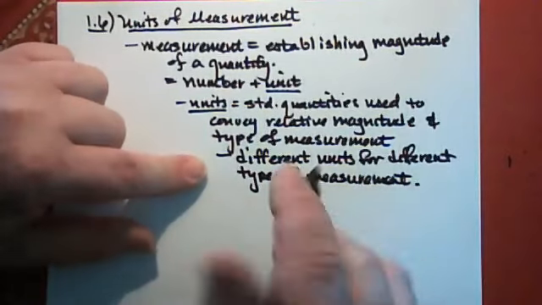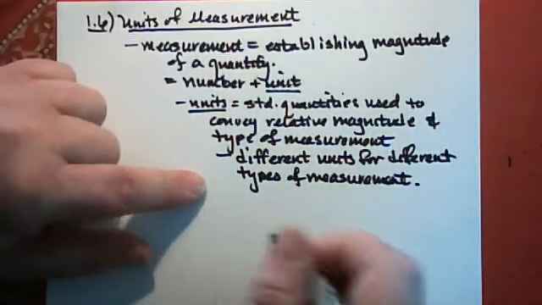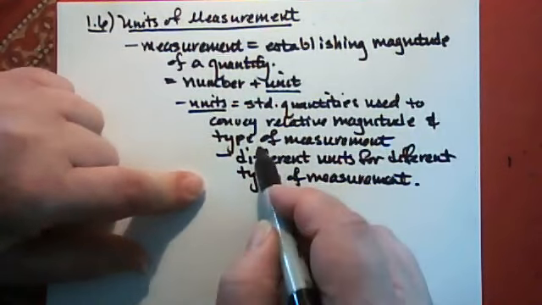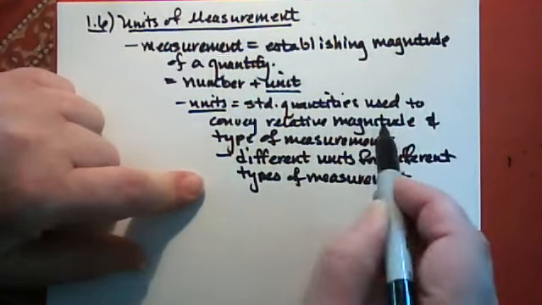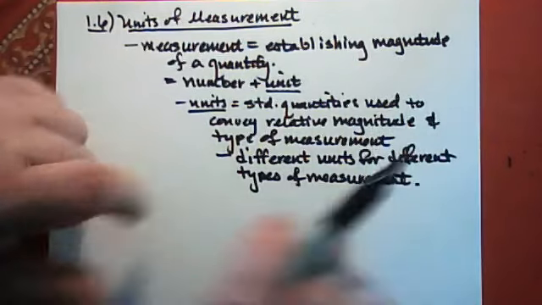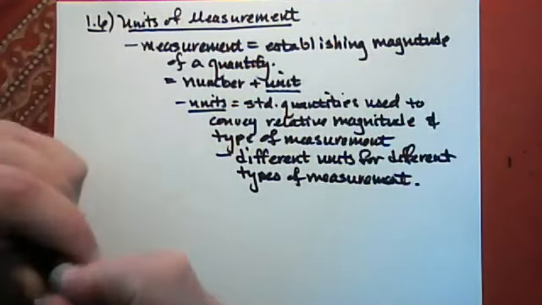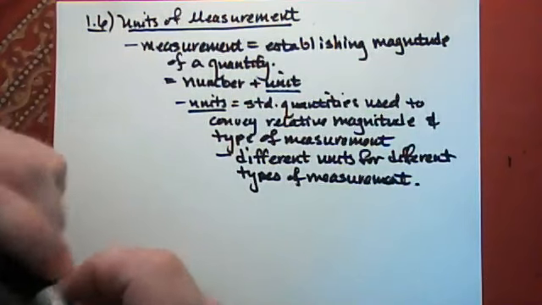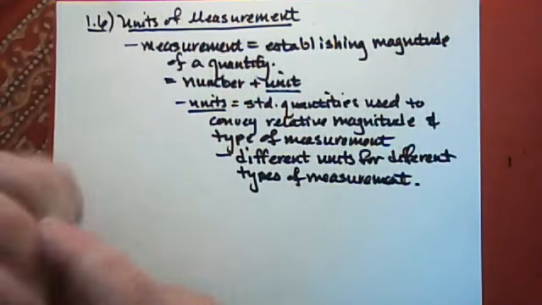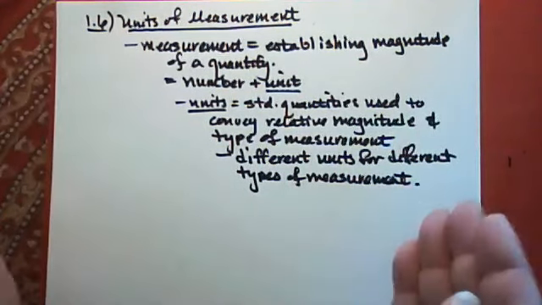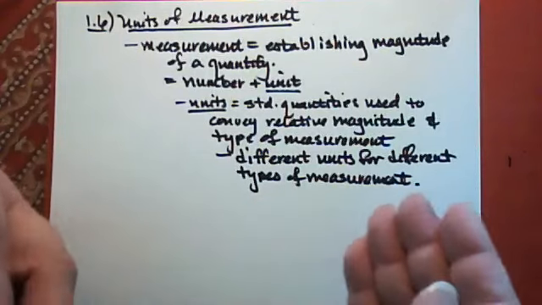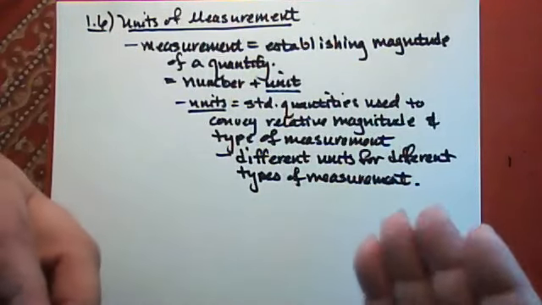Also, units tend to convey the relative magnitude of the measurement, because we tend to choose units that will give us a convenient number to go with the unit. So even once you've established that it's a length or a distance that you're measuring, you have a choice among several units to use.